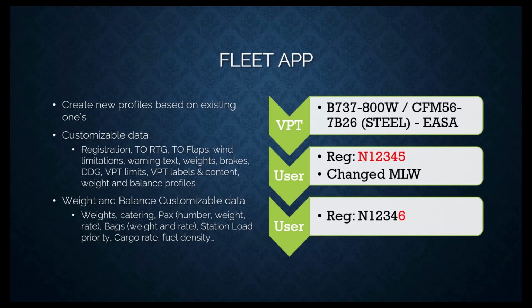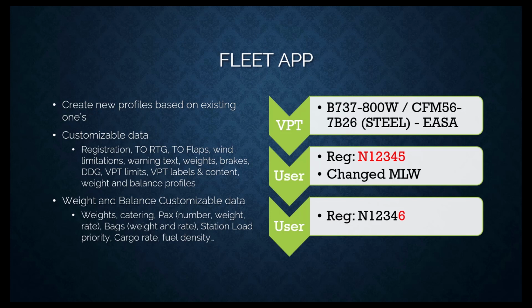So you have your aircraft profile right here, where you can change different things, but you can also override some weight from this table by using the weight and balance data, where you can also customize a lot of variables, such as weights, flexible weight system as well, catering, pilot weights, cabin crew weights, passenger number weight, rate, bags weight and rate as well, infant, child.